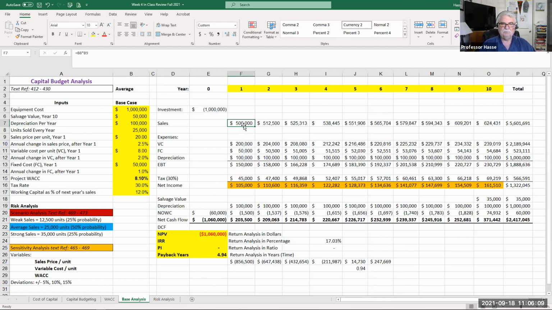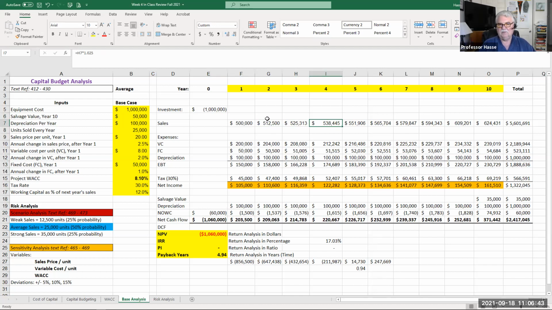In order to get this project off the ground, in year 0, I'm going to have an additional investment of $60,000 as working capital, a cash outlay, which is determined by taking 12% of the first year's sale. And then working capital is increasing a little bit every year due to the revenue base increasing by inflation every year.